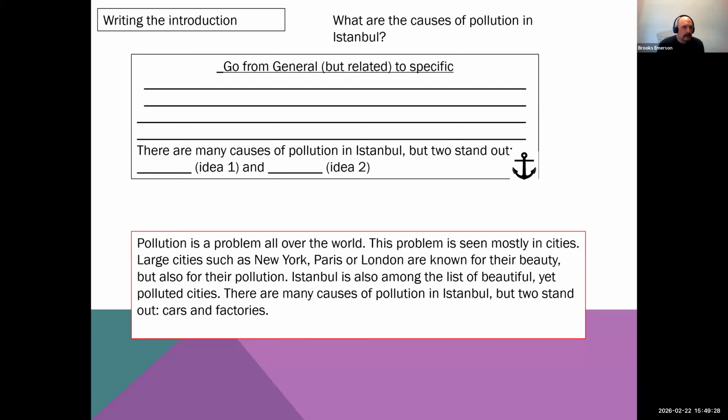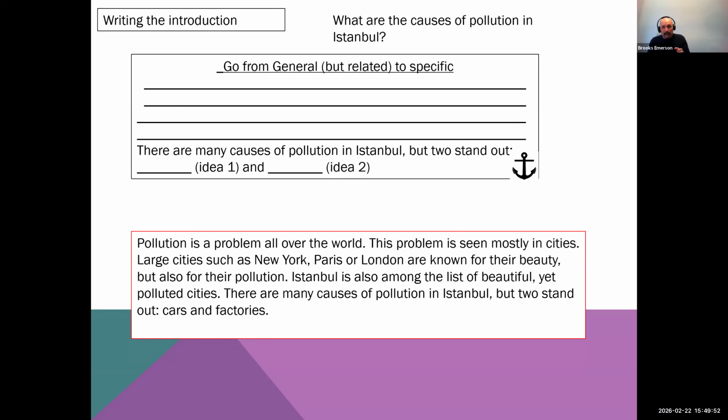Okay, now the introduction is a little strange, because I showed you that upside down triangle. For the introduction of any essay or academic paper, you want to go from general but related.